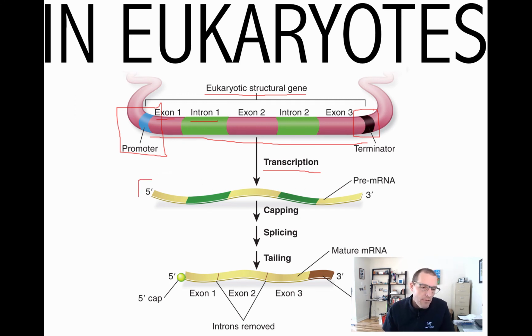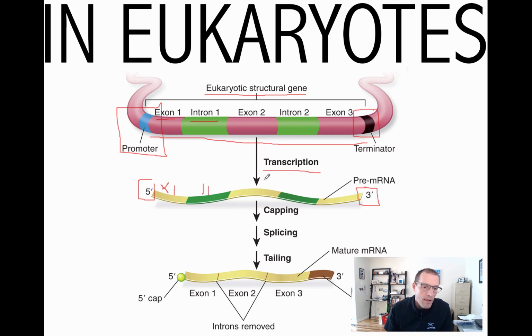And so here's its 5' end, and here's its 3' end. And you can see that the two types of sequence that we had in the gene, the exons and the introns, are also present in the pre-mRNA. So this here is exon 1. This is intron 1.